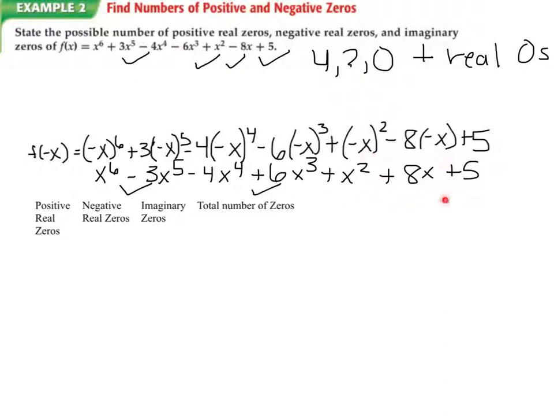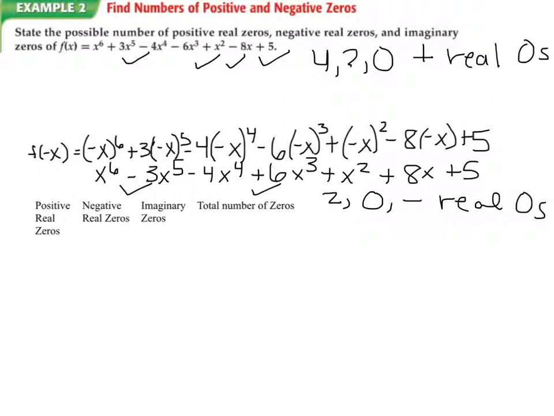Positive x squared, positive 8x, no sign change. Positive 8x, positive 5, no sign change. So there's two sign changes, so there's either going to be 2 or 0 negative real zeros. I'm going to mark that down.